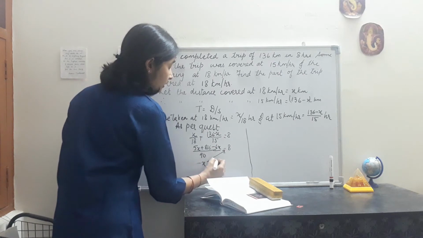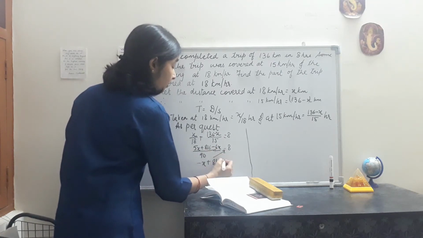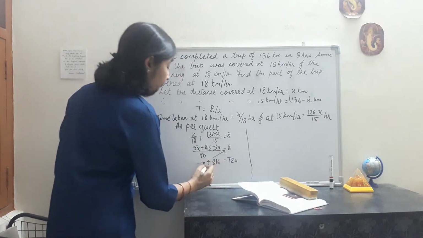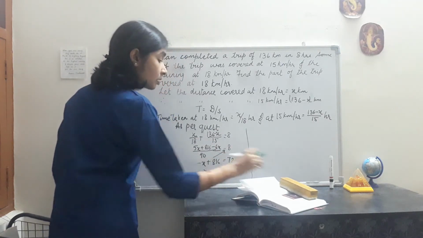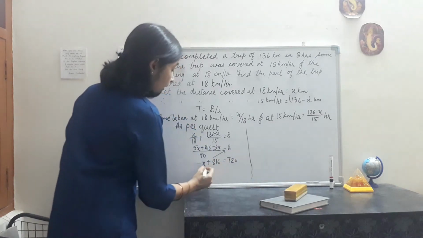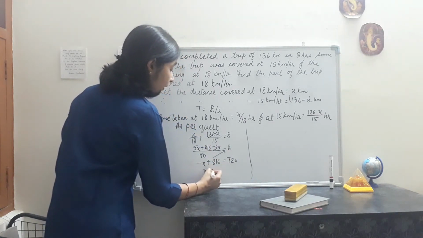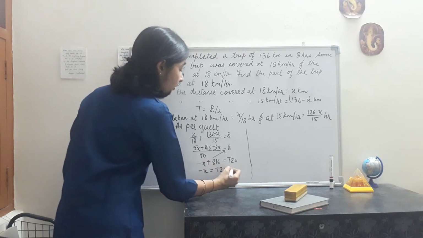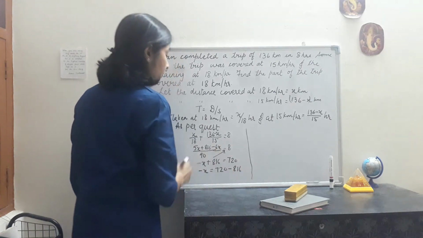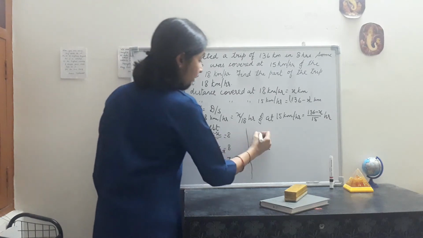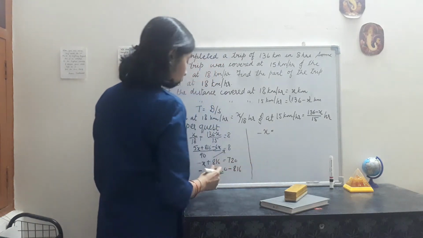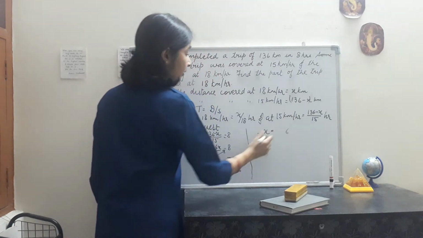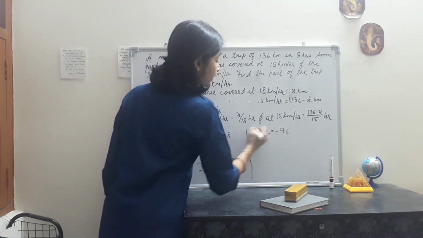So 816 is equal to 8 9s are 72, 720 minus x. So minus x is equal to 720 minus 816. Now the answer will be negative. Minus x is equal to minus 96.